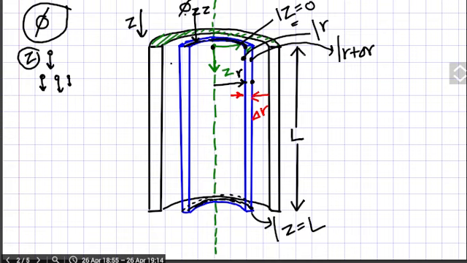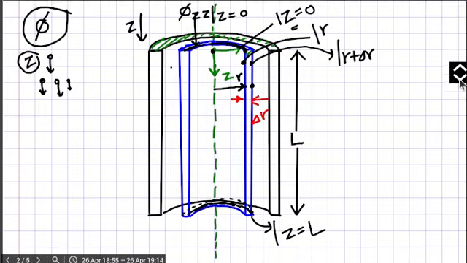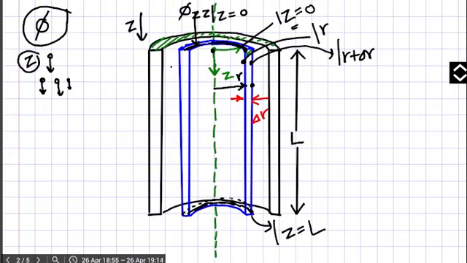So this momentum flux will be represented by phi zz, and the surface is z is equal to 0. After that, momentum flux will be coming out of the opposite surface, and you will represent it this way: this is the area, this is the direction, z is equal to L, because this is the surface at distance z is equal to L.